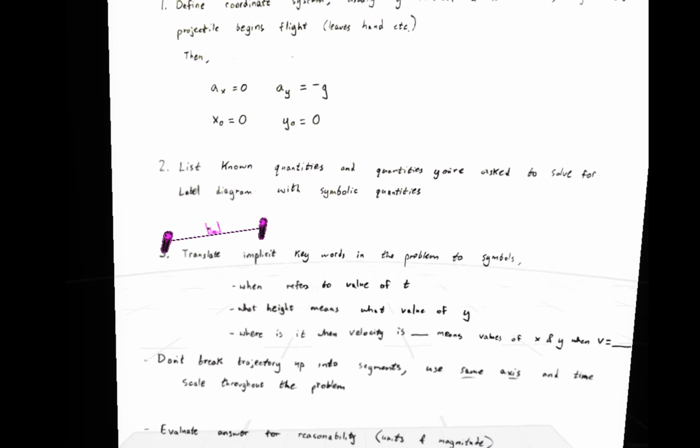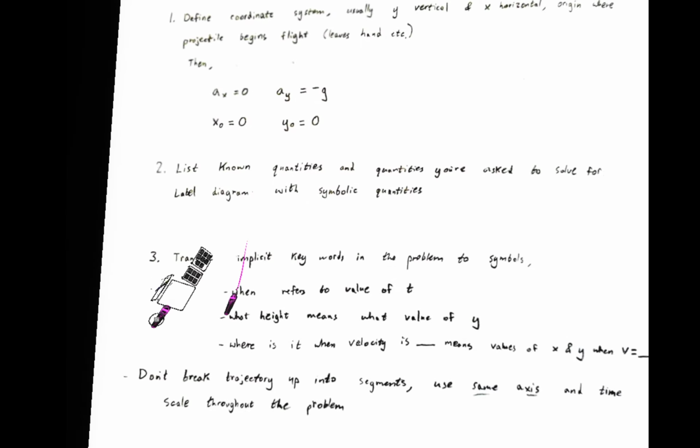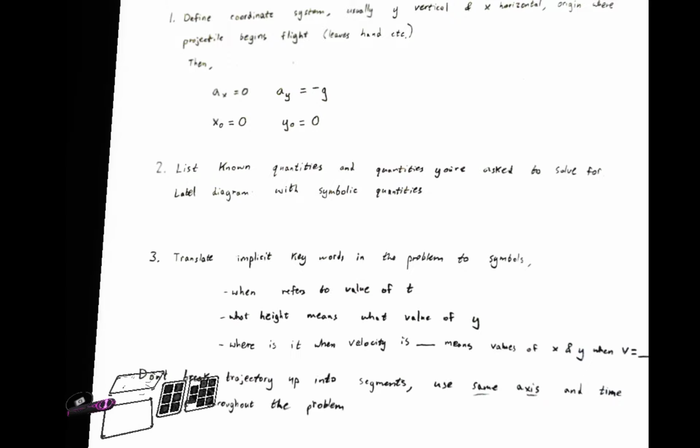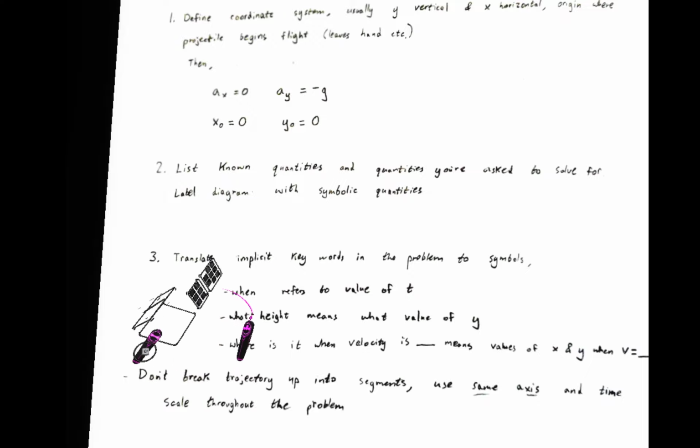So as you read the problem, step 2, list the unknown and known quantities. So you might not be asked to solve for every single unknown, right? You might not be asked to solve for a scenario in full. So you don't have to list unknown quantities, just the ones that you're asked to solve for. But as you read the problem, make sure and identify the quantities that it's telling you.